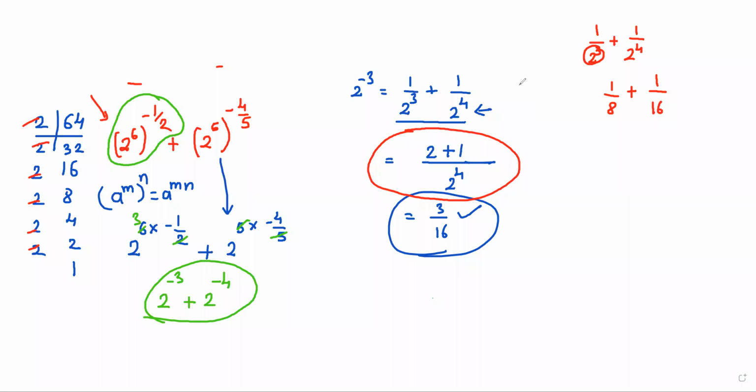Now when you take the LCM between 8 and 16, you will get 16 as the LCM. So here it will be 2 plus 1 divided by 16. That is equal to 3 by 16. Got it? Yes, sir. Okay, fine. So we'll move to the next question.